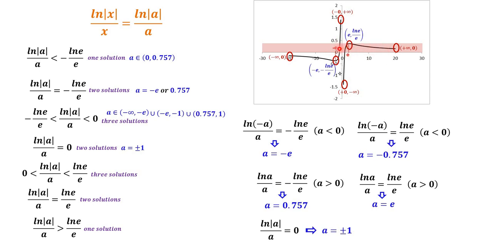And on the negative side, that is from negative 1 to negative 0.757. And the positive side is from 1 to E and E to the positive infinity. So when A is in this range, there are three solutions.